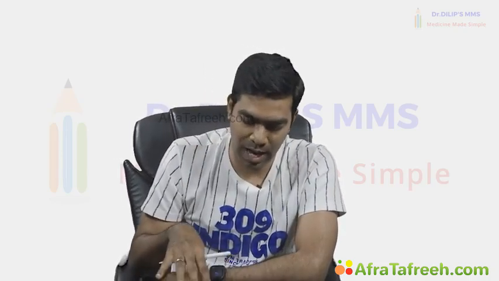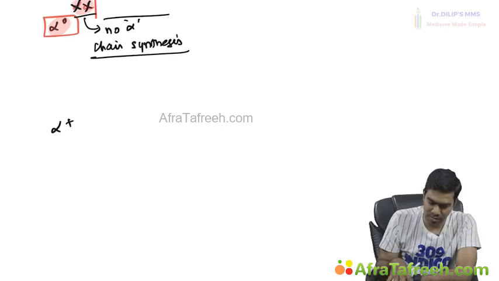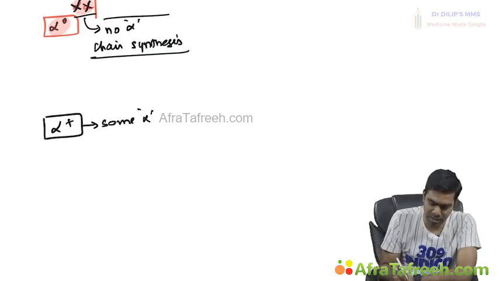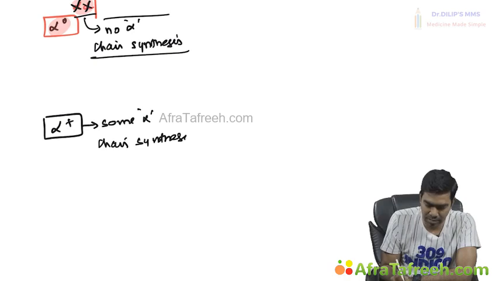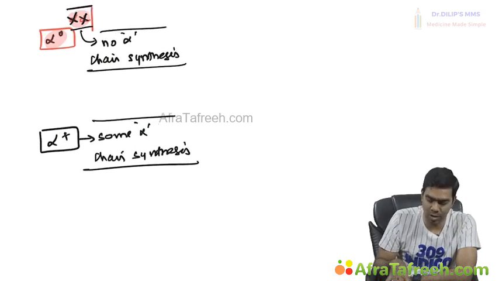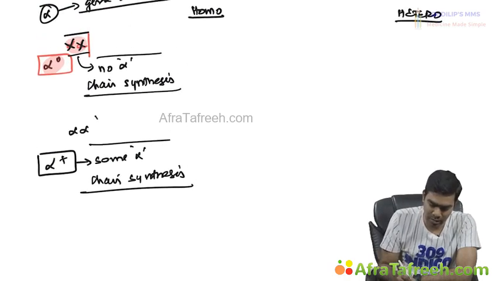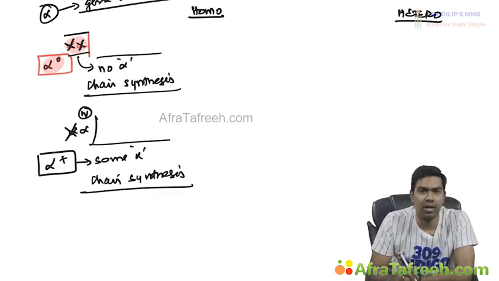Suppose it's alpha plus, which means there is synthesis of some alpha chains. Since alpha thalassemia is due to gene deletions, in mom's allele typically only one gene will be deleted and one will be completely normal.